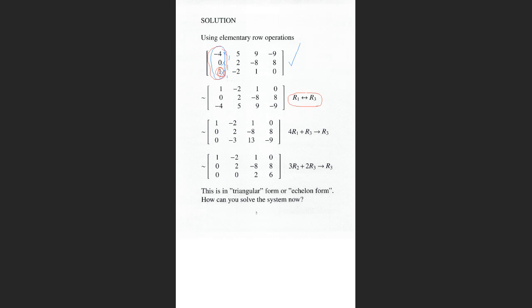Here I'm going to interchange row 1 with row 3, meaning I'm going to interchange the first and third equations, so that the third equation is now at the top, and the first equation is now at the bottom. So all I did was what's called a row interchange.